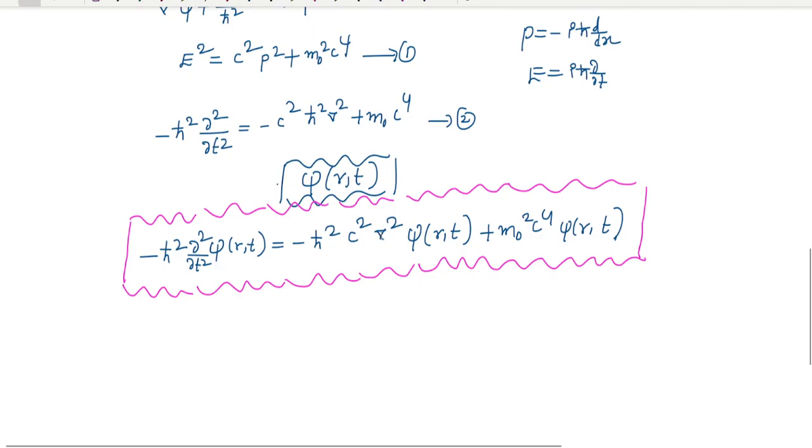Let me write this one like this: dou square divided by dou x square. So here the space coordinate and time coordinate are both there, in space-time symmetry. So this is the first requirement of the relativistic case.